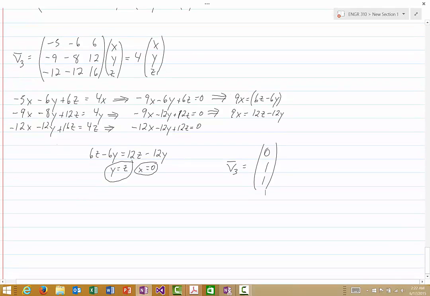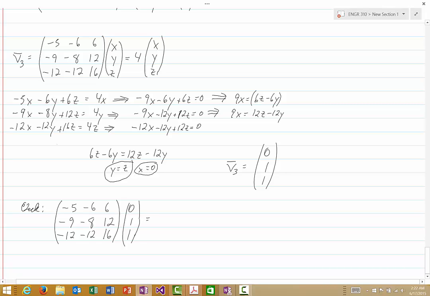And let's check that. Negative 5, negative 6, 6, negative 9, negative 8, 12, negative 12, negative 12, 16, times 0, 1, 1.